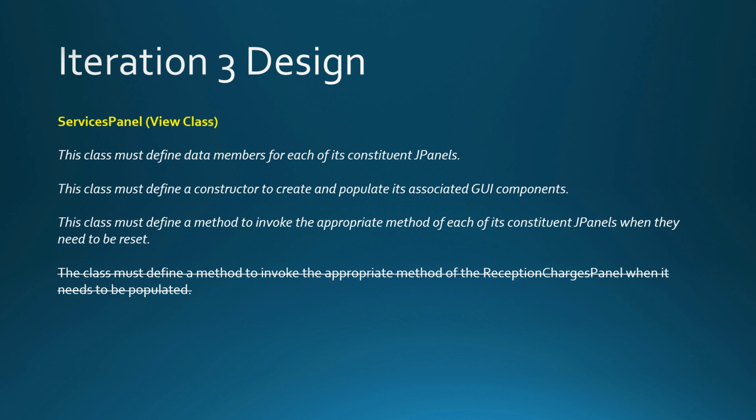We're only going to partially implement it. We're only going to have one associated JPanel, the one that's going to contain the radio buttons. So it's only going to populate that one panel, and it's only going to invoke a method on that one panel when it needs to be reset.